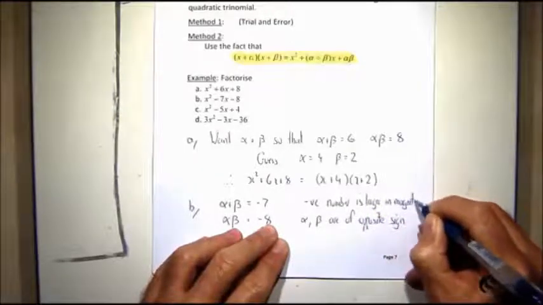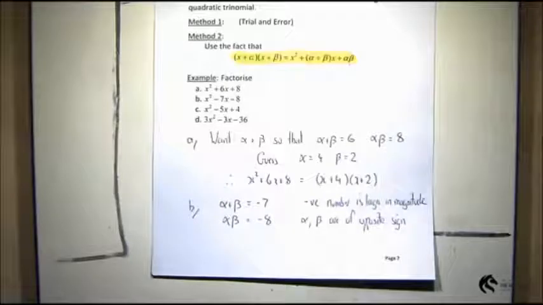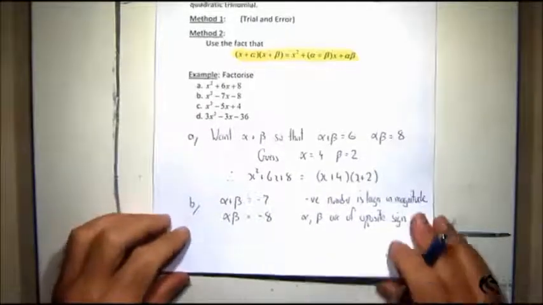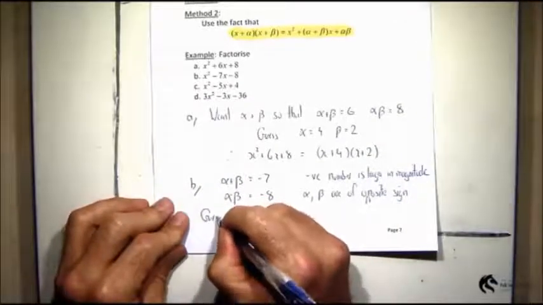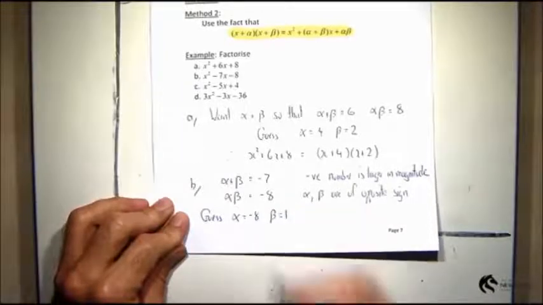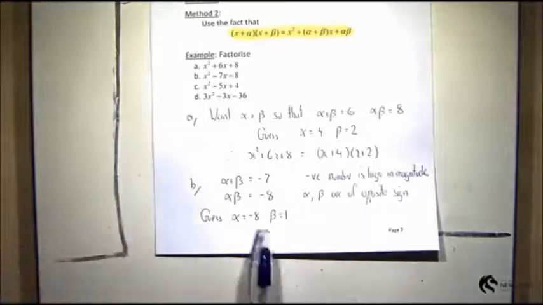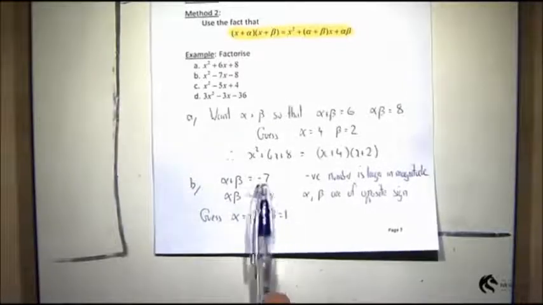So I've got to have numbers that multiply to -8 and add to -7. So I can guess that alpha is going to be -8 and beta is going to be 1. Multiply, -8 times 1 is -8. -8 plus 1 is -7.